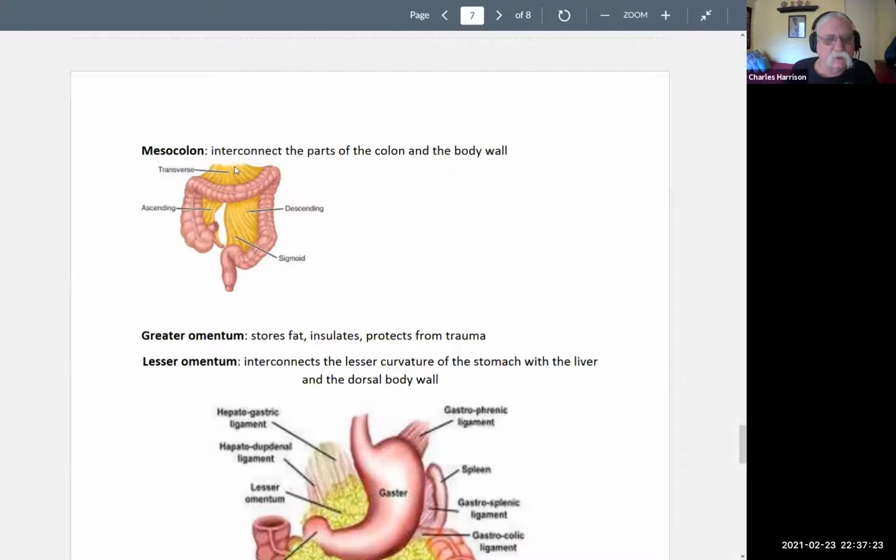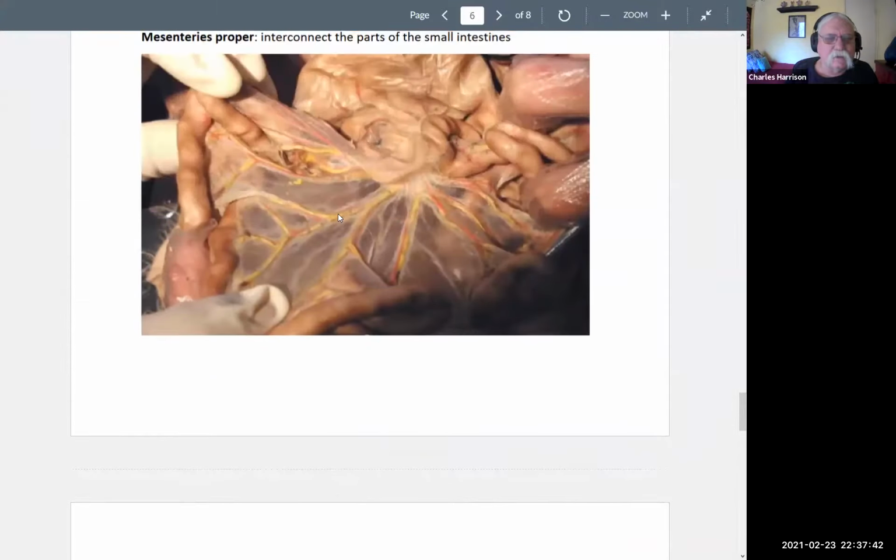To the back body wall. The back body wall holds on to almost everything. We have an ascending portion and a descending portion. We're just going to call them mesocolon. Mesocolon holds the colon, and mesenteries proper holds the small intestine.